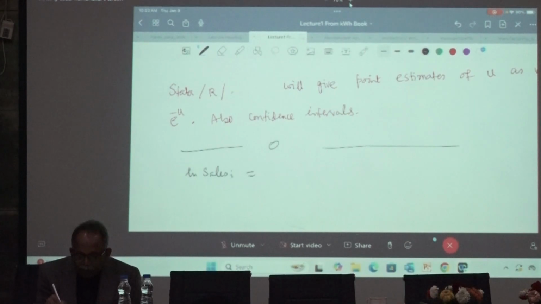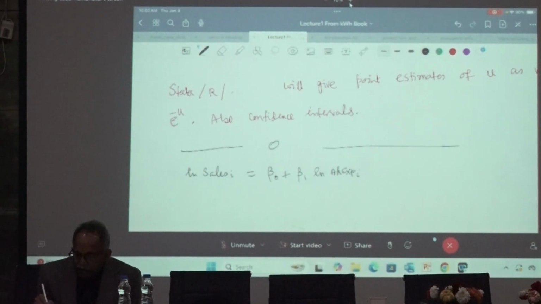Let's say we'll do beta 0 plus beta 1 times the log of advertisement expenditure, so let me just put add exp. This is advertisement expenditure, and I'm not adding anything else. You can add as many variables as you want.